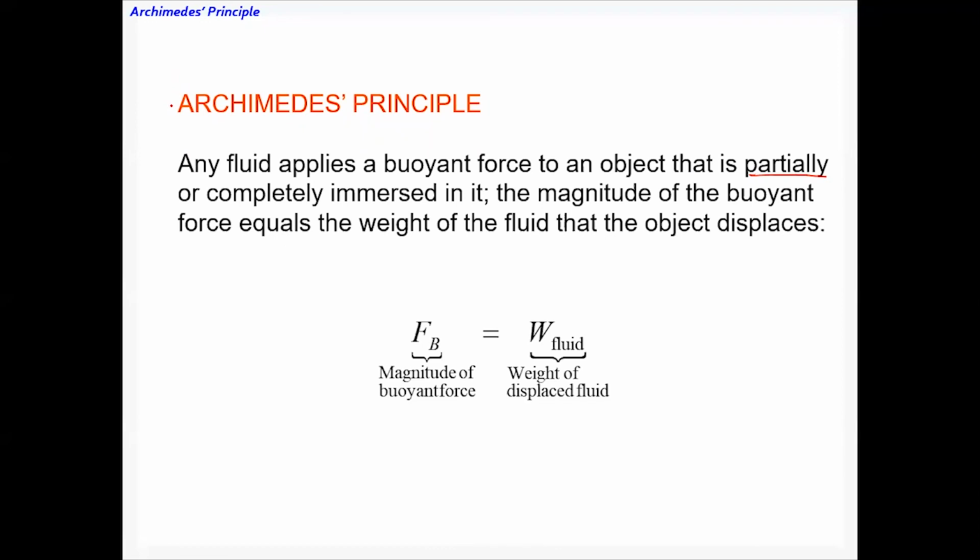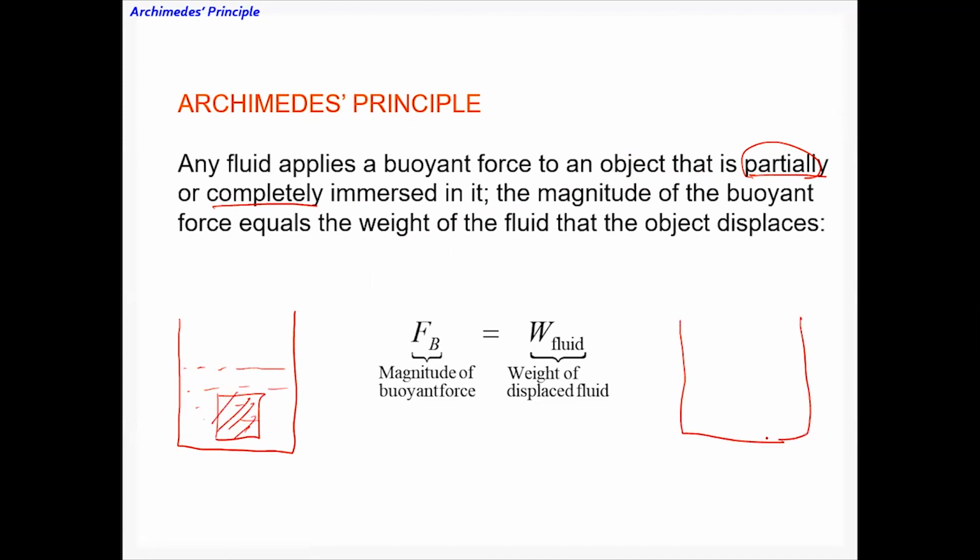Let's formally state the Archimedes principle. Suppose we have a fluid and an object is either partially or completely immersed in it. There could be two situations. In this fluid, the object is completely immersed like this, or it can be the other situation where the object is partially immersed.